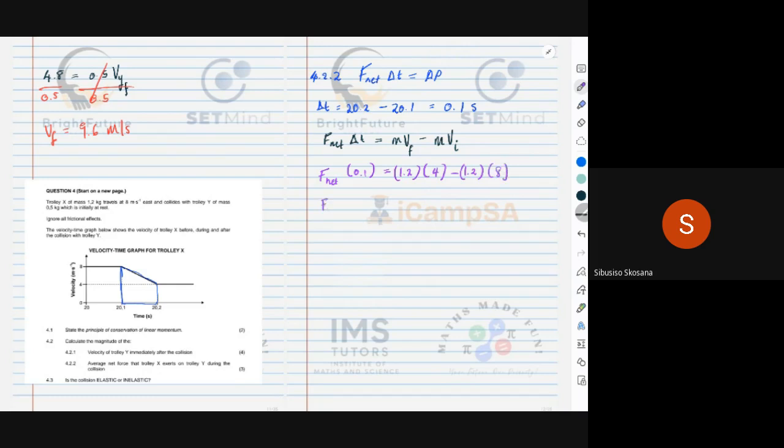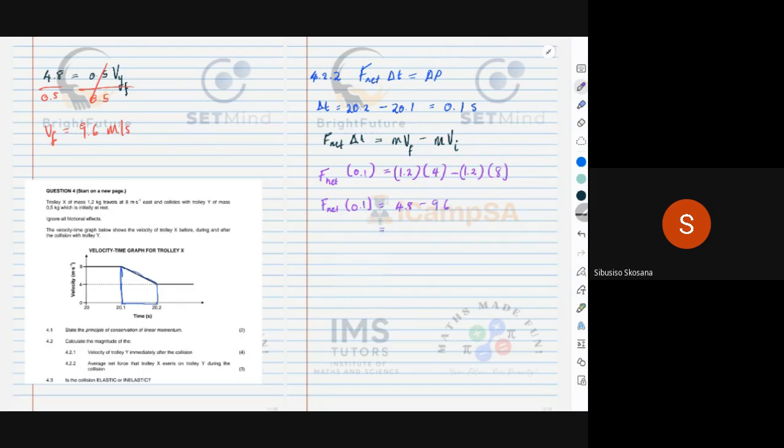So Fnet times 0.1 equals, let's see, 1.2 times 4, which is 4.8, minus 1.2 times 8, which is 9.6.